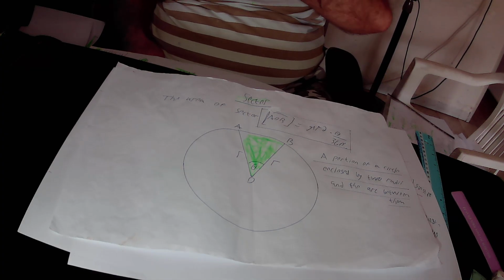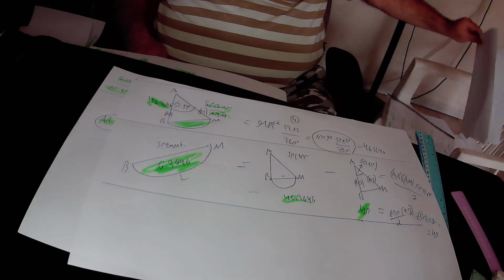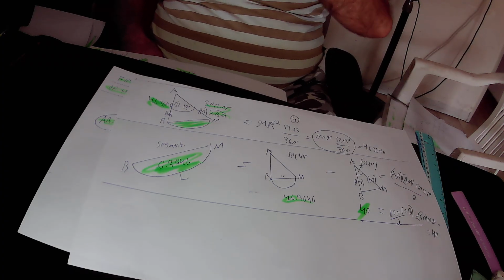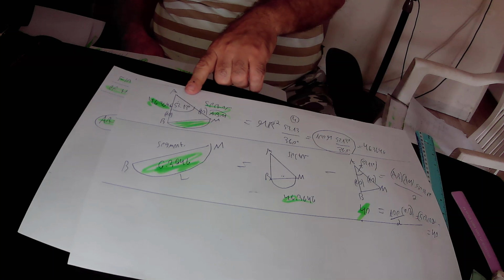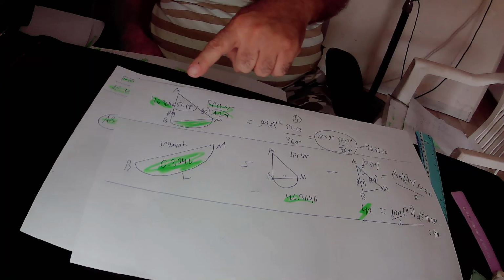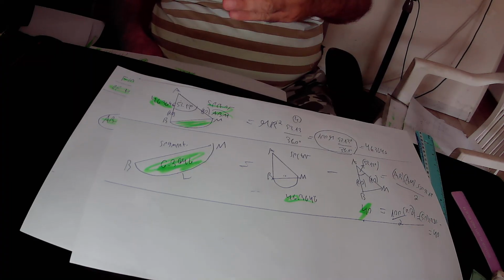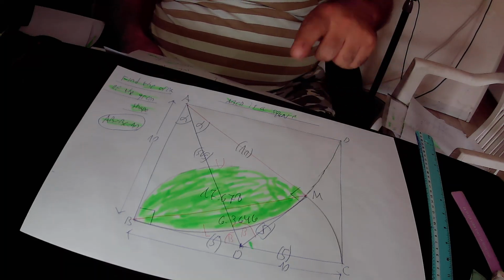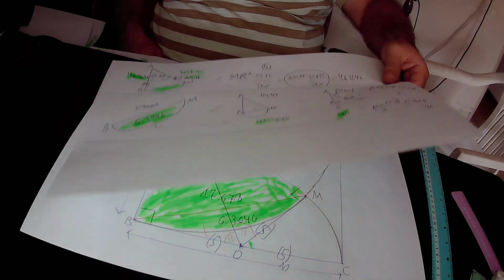So we use the new formula in order to find out the area of this sector AB. Note that this is angle 2 alpha, that is 53.13 degrees. AB equals AM equals 10. They are both the radii of the quarter circle, equal to 10.